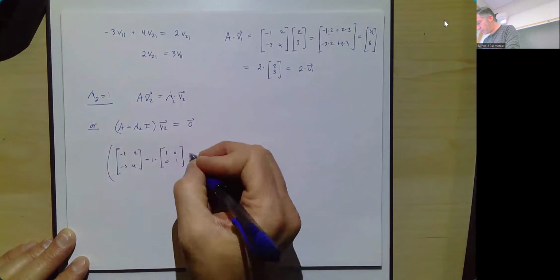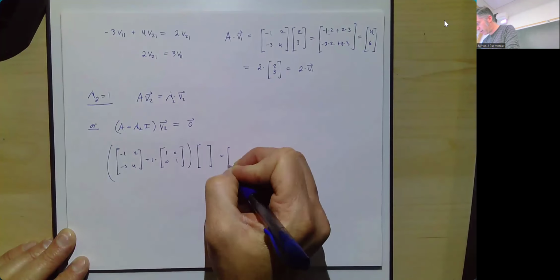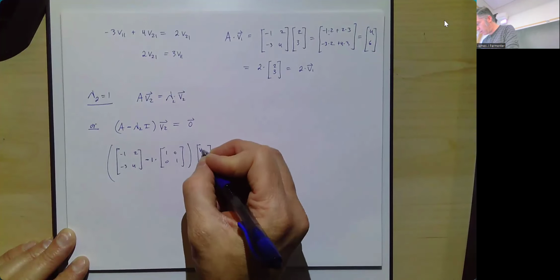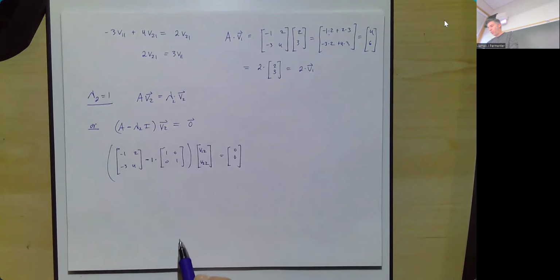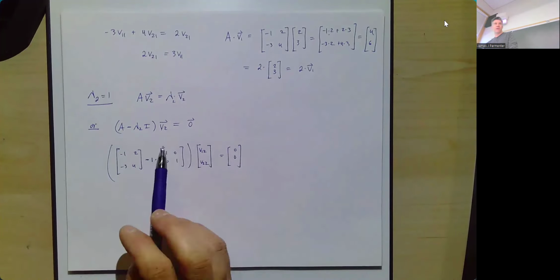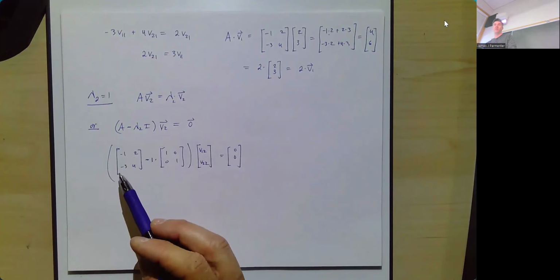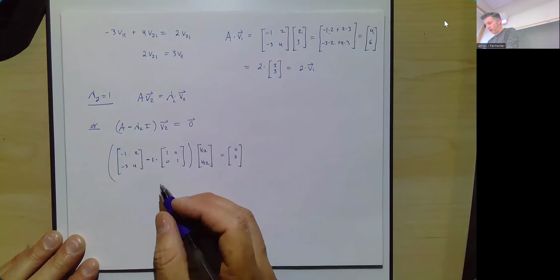V2 is going to be v12, v22, the notation he was using. This process can be shortcut by just subtracting your eigenvalue in the diagonal spots. So I would have skipped this step and done the following.